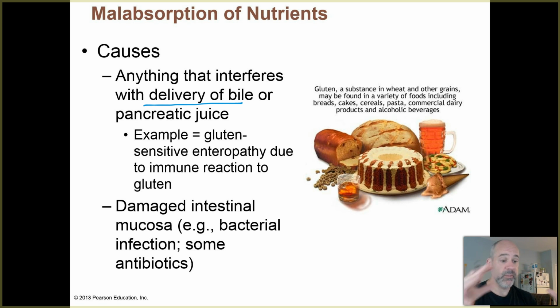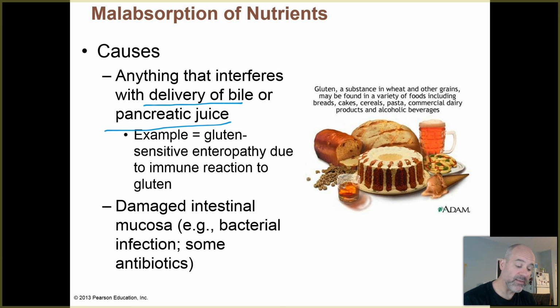If that happens, you're not going to be able to emulsify your fats and absorb your fats. Fats are a major source of calories, so that's going to be one possible trigger of malabsorption. Anything that's interfering with pancreatic juice production or secretion, like pancreatic cancer, or even a benign tumor of the pancreas that might be blocking the pancreatic duct, you're not going to be able to release as many digestive enzymes into the duodenum. If you can't chop apart these big organic molecules into smaller pieces, you're not going to be able to absorb them.